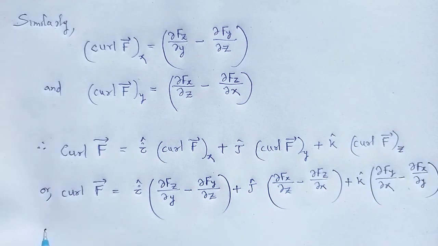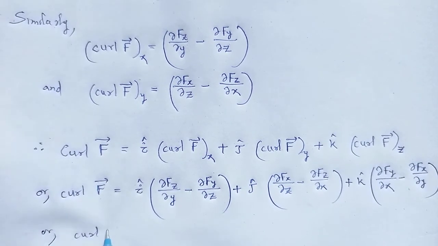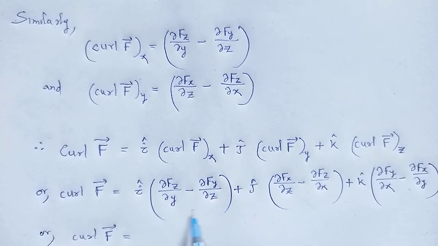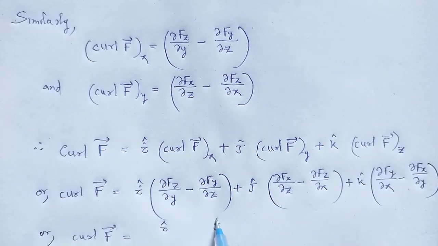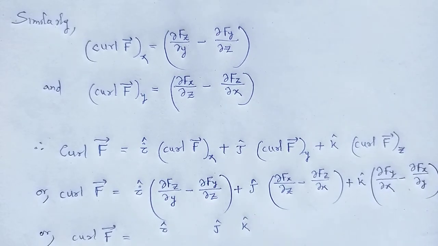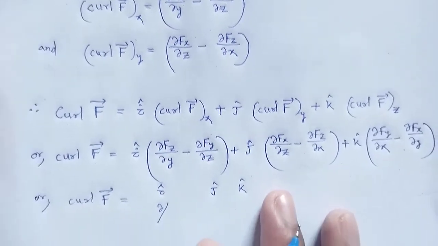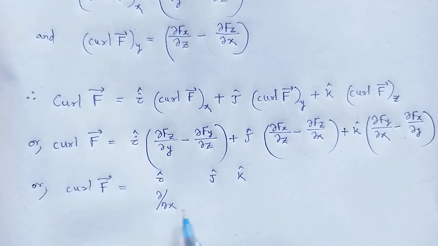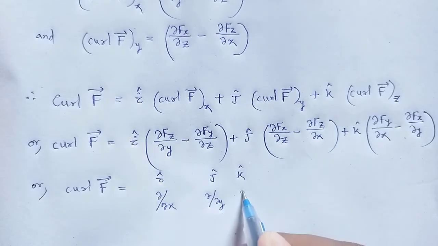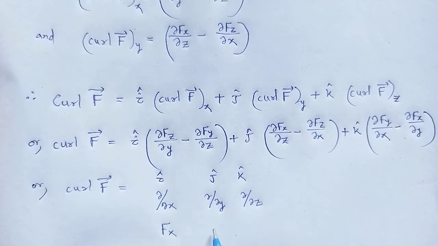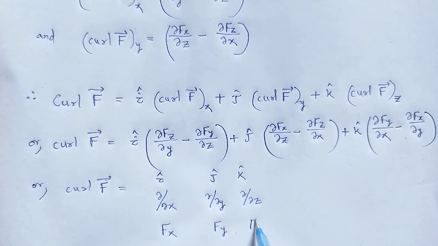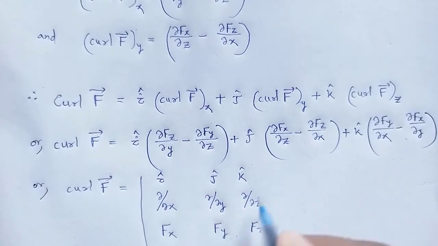or curl of f vector is equal to, that can be written as the determinant of i cap j cap k cap, del by del x, del by del y, del by del z, fx fy fz.